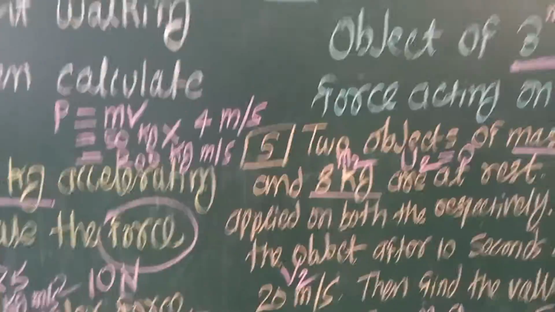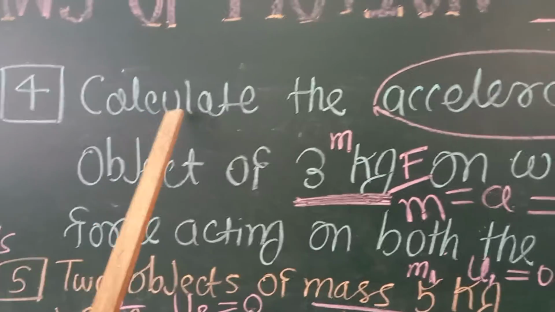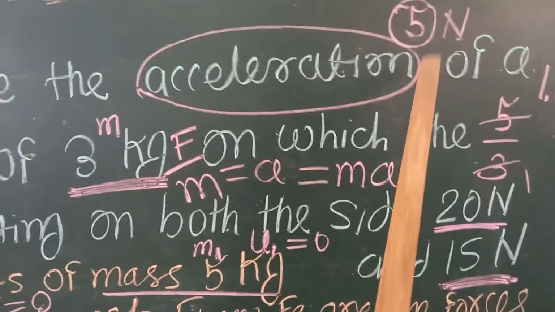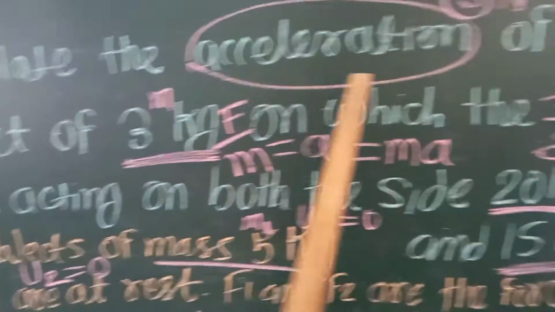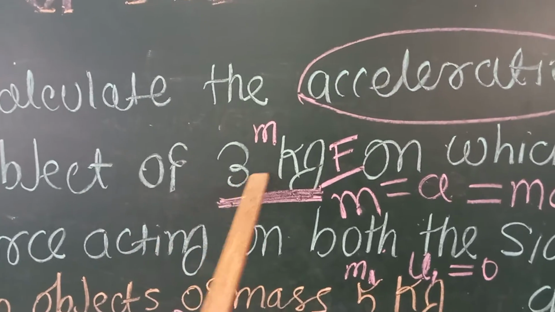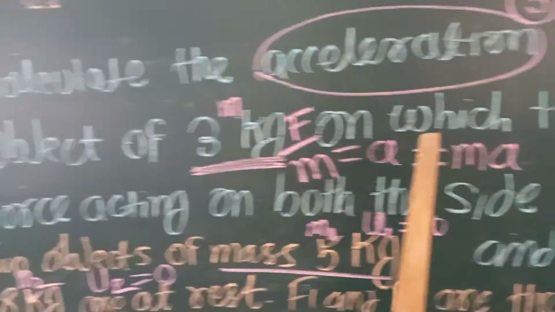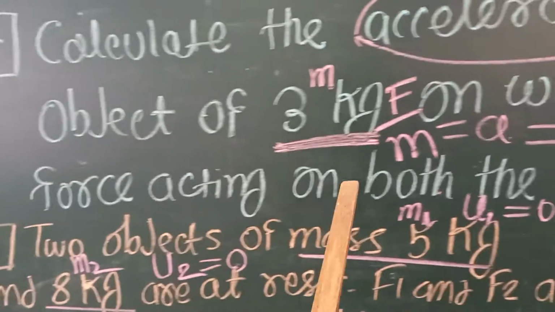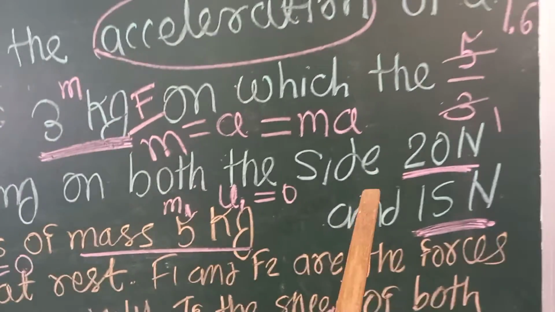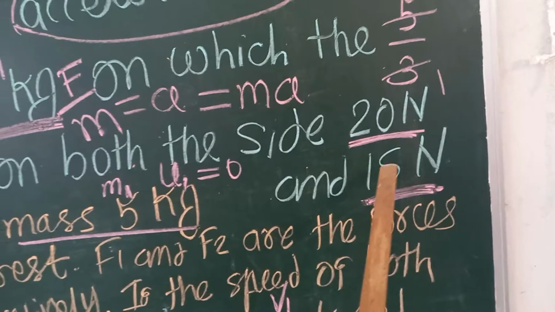Now come to the fourth problem. Calculate the acceleration of an object of 3 kilogram on which forces are acting on both the sides, 20 Newton and 15 Newton.